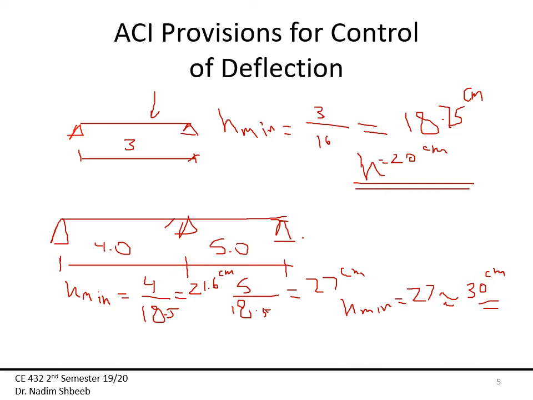Again, in the design, you used to design for flexure, we designed for shear, now we are going to design for deflection. So if the 30 centimeters is enough for flexure, good. If it's not, then we have to increase H. But all the information that is good for me right now is, okay, if I'm using an H of at least 30 centimeters, I don't need to do any deflection calculation.